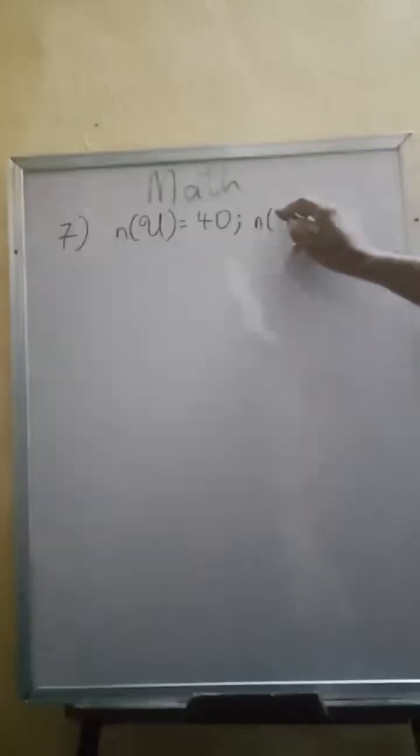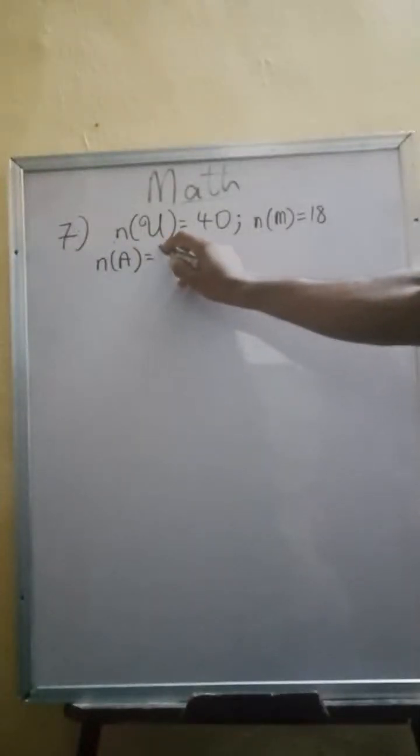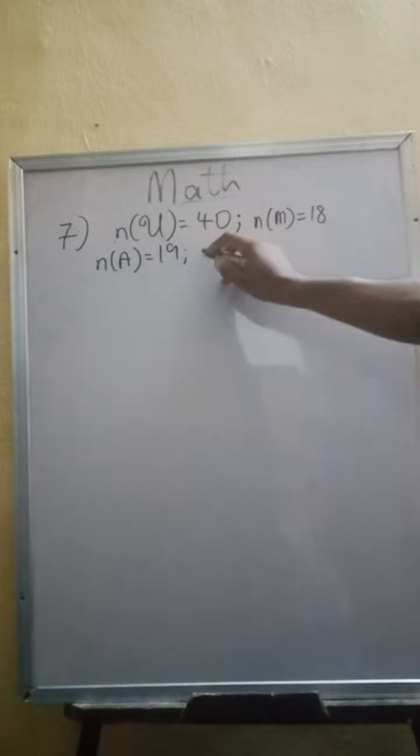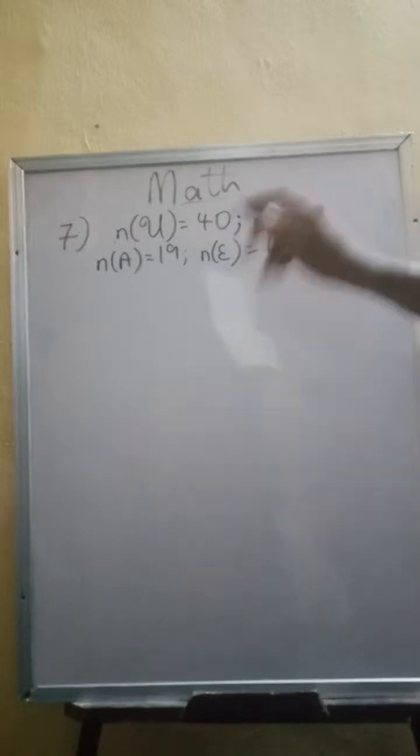So let's take M to be maths and the number that passed maths was 18. So the number that passed accounts is 19. The number that passed economics is 16.